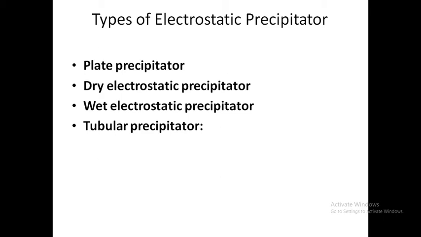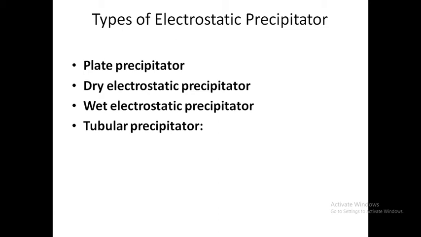Last one, tubular precipitator. This precipitator is a single stage unit, consisting of tubes with a high voltage electrode that are arranged parallel to each other, running along their axis.